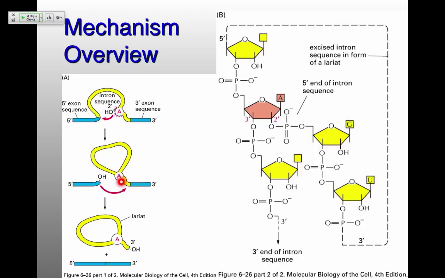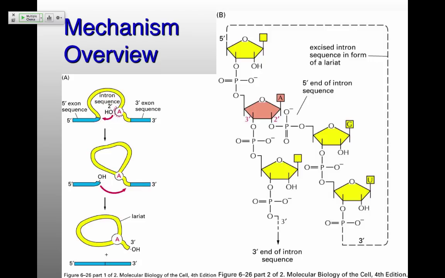That forms what people call the lariat structure, releases the 3' OH from the first exon, which now can make a phosphodiester bond with the 5' phosphate of the next exon. This lariat is removed, and you have splicing that has taken place. So that's the chemical things that happen.